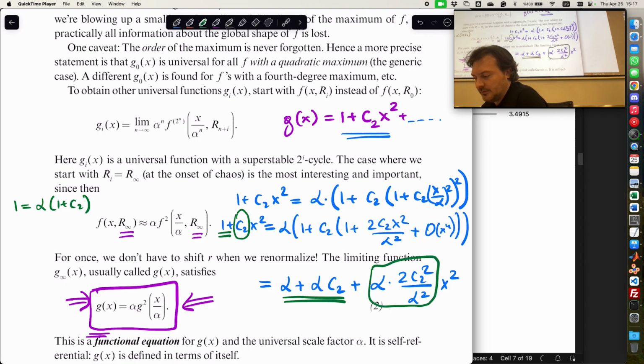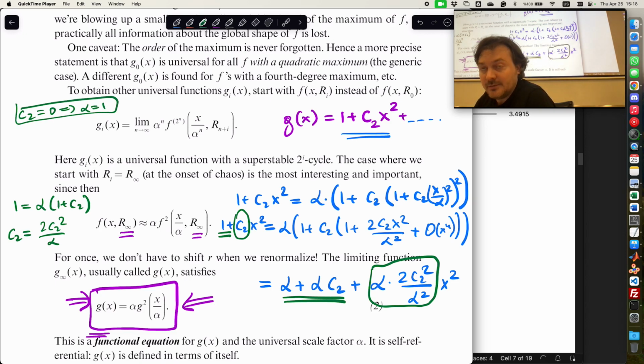Do you see it? c2 is equal to 2 c2 squared over alpha. So far, so good? We don't care about, okay, one solution is c2 equal to 0, but then alpha is 1, but we don't care about that solution, okay?